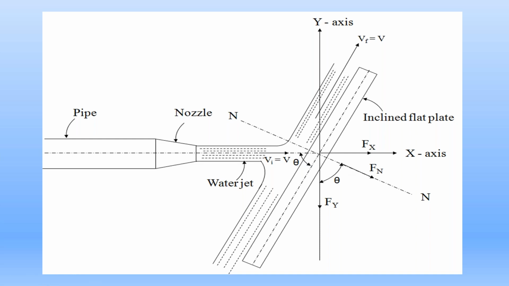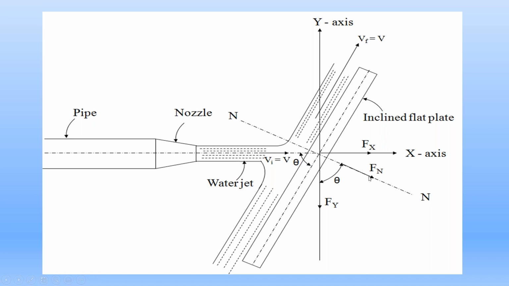So please everyone understand the velocities of the water jet in the direction of force Fn. The initial velocity of the water jet is Vi, that is equal to V. It is horizontal. But with this normal direction, that is along the force Fn, Fn is acting in the normal direction.